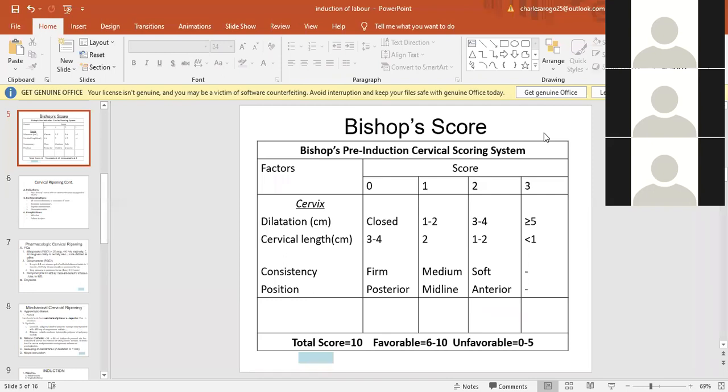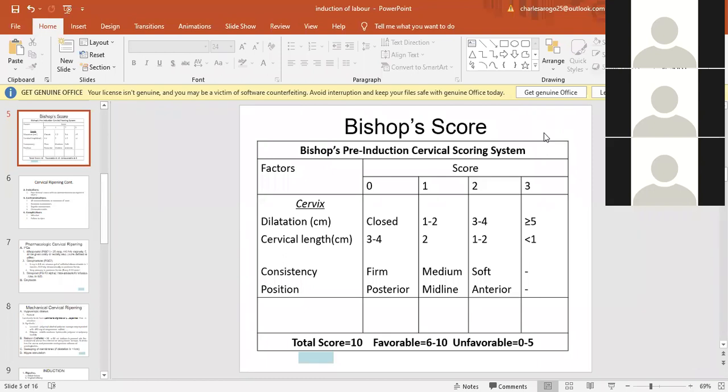Okay, so there are other areas to clarify in terms of the choice of what methods you use, particularly misoprostol and dinoprost.